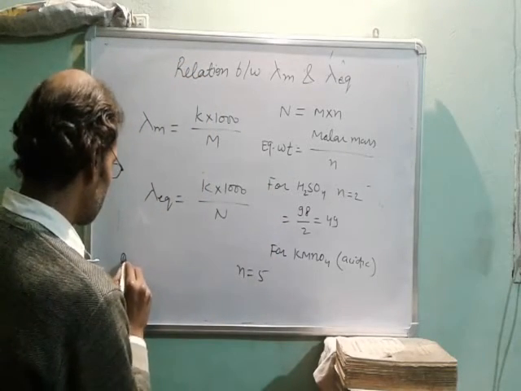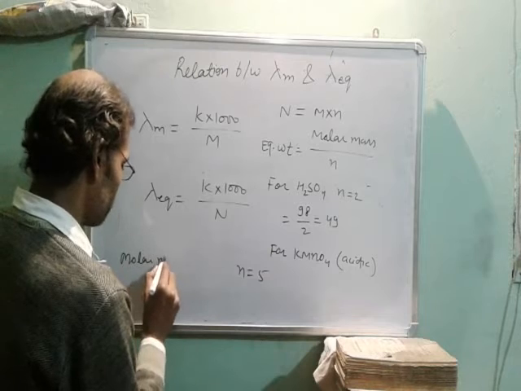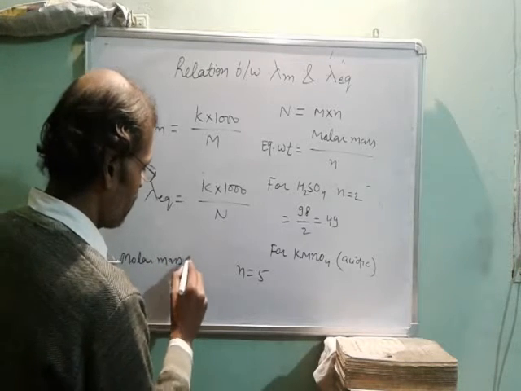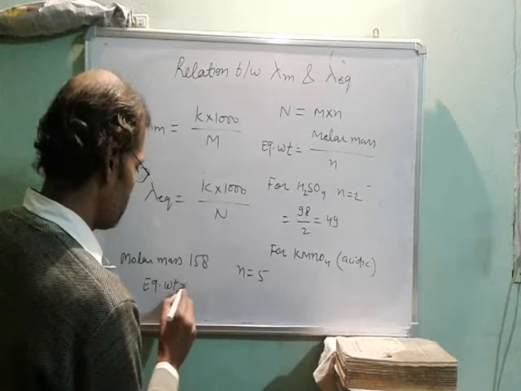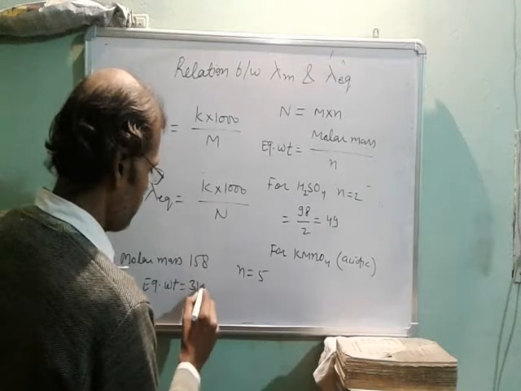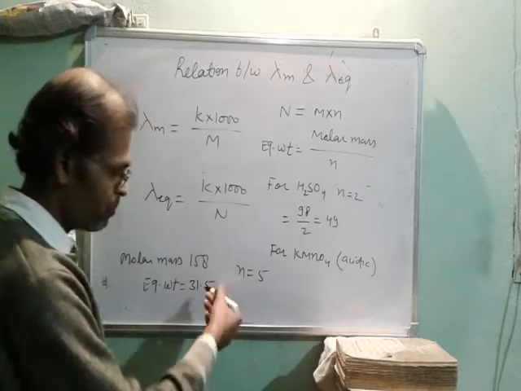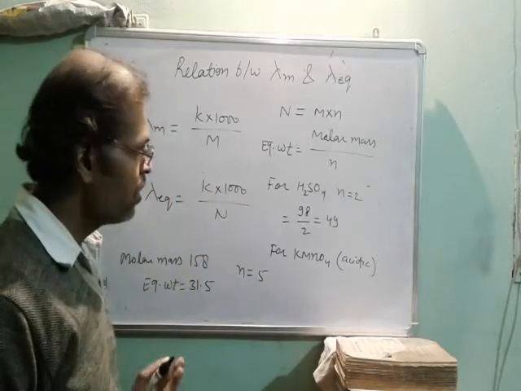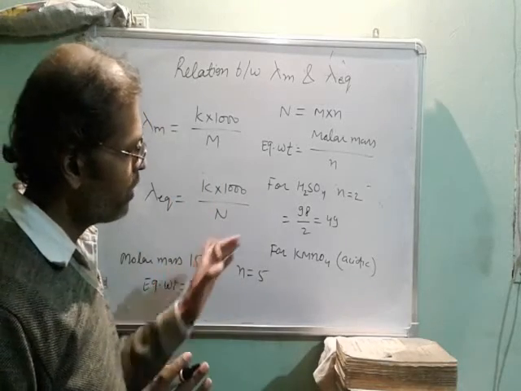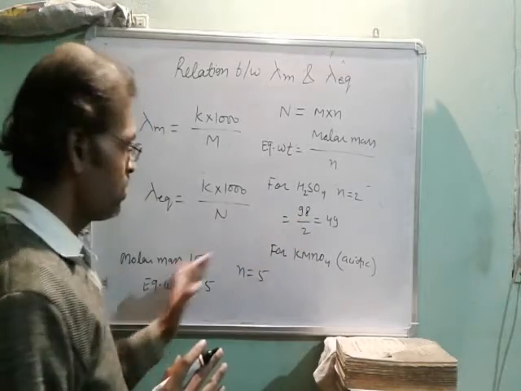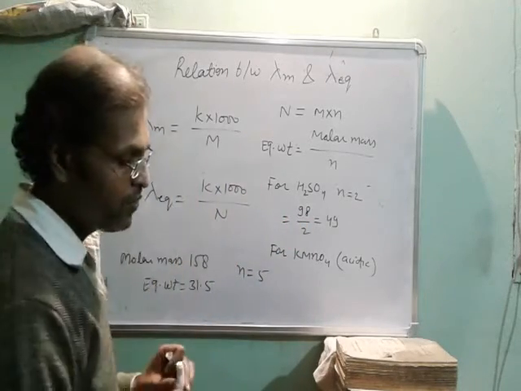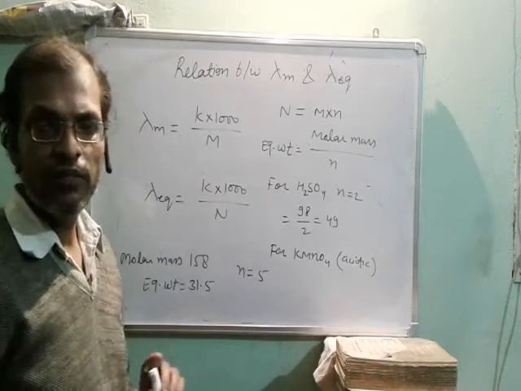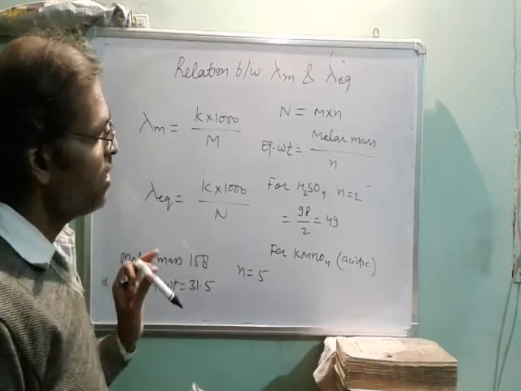The molar mass of KMnO4 is 158 and equivalent weight of KMnO4 is 31.5, fifth part of molar mass. So I would like to introduce these two examples, and we will find the relation between lambda m and lambda eq.